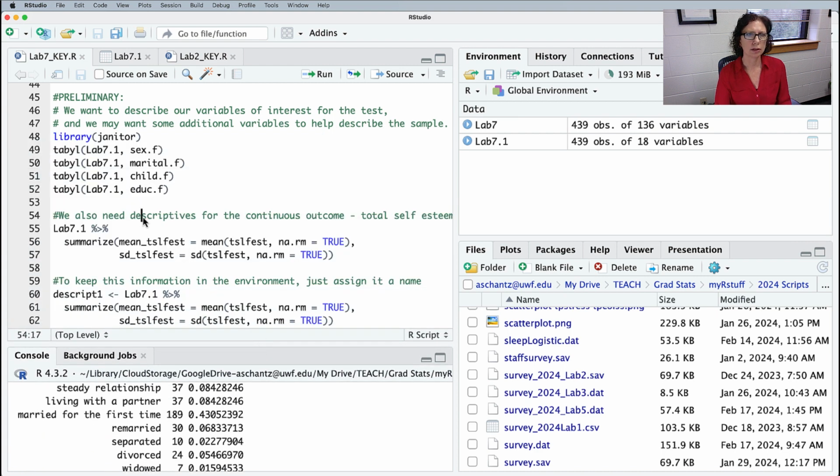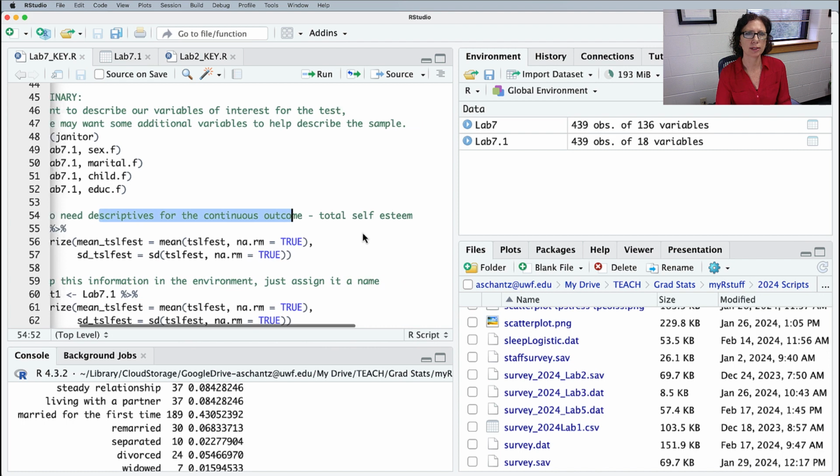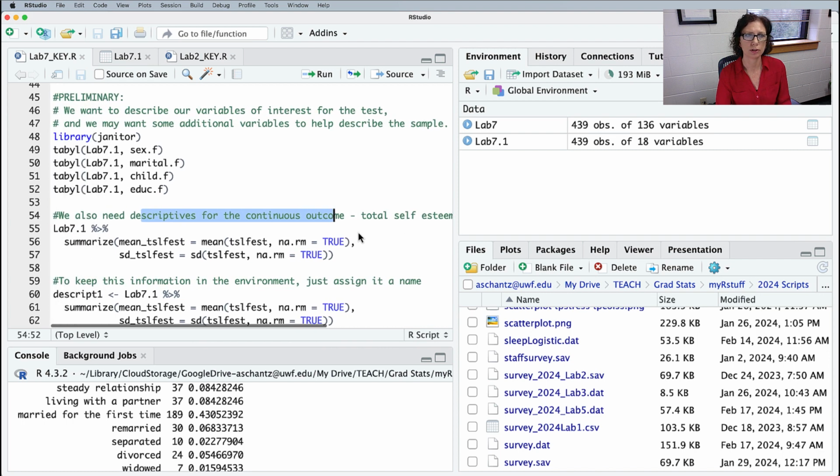So we need descriptives for that continuous outcome of interest, total self-esteem. So what I have here is telling R, use the data set or the thing in the environment called Lab 7.1, then summarize the following information.